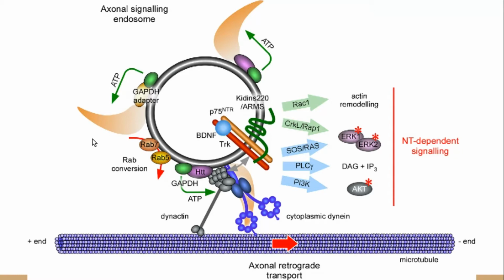So the ligand binds the receptor, this induces endocytosis, and then that active receptor is moved towards the nucleus. And this amplifies the signal by moving the source of the signal right next to the nucleus for more robust gene expression.